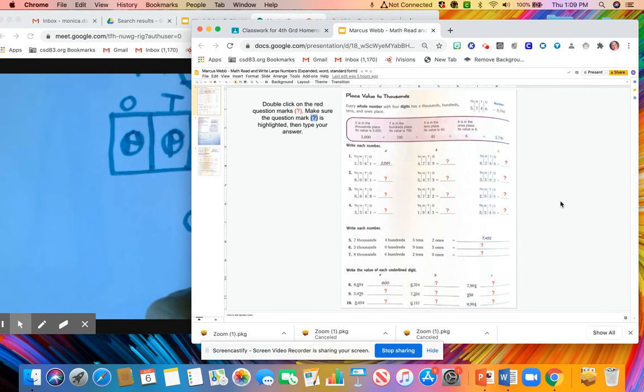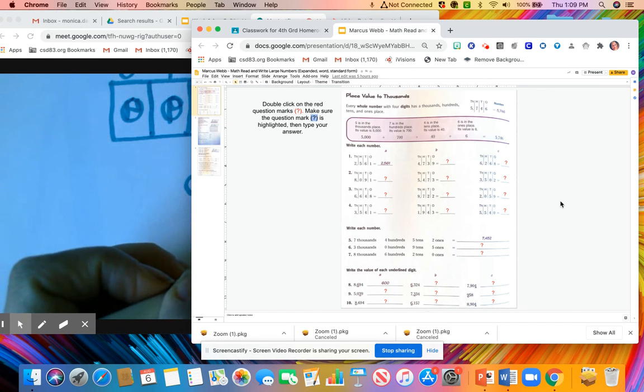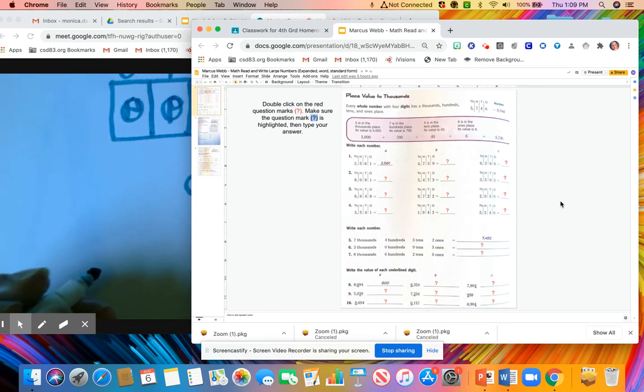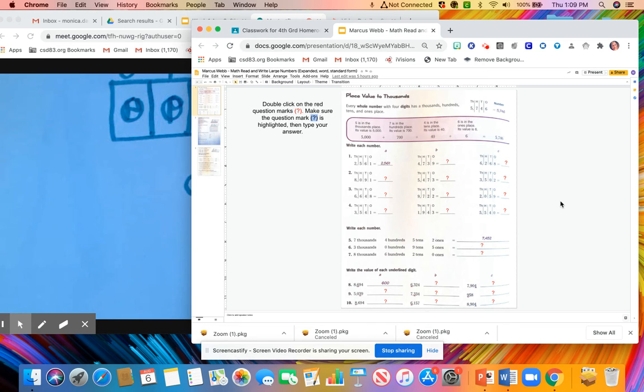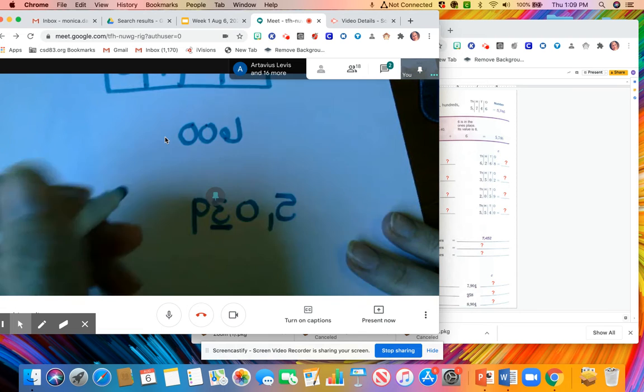I'm going to give you, let's do 5,039. And I want you to tell me what the 3 is. So on the worksheet, you're going to see a problem like this. So I'm going to plug it into a place value chart.